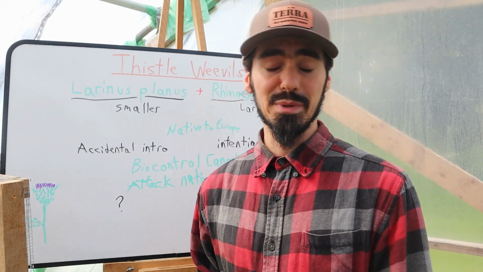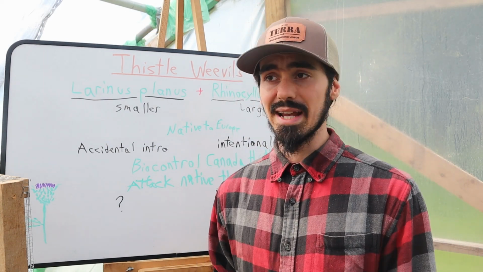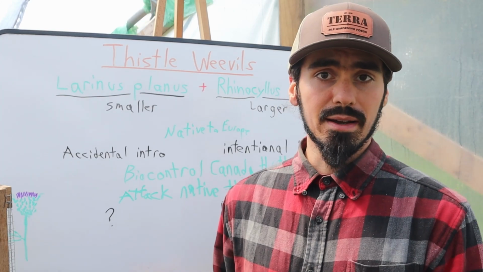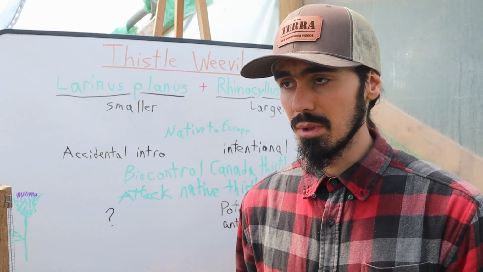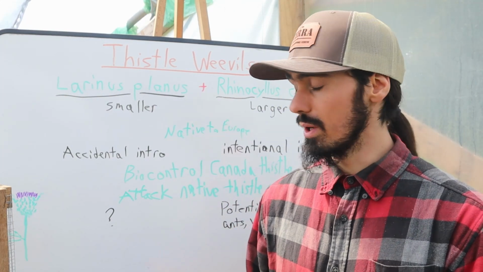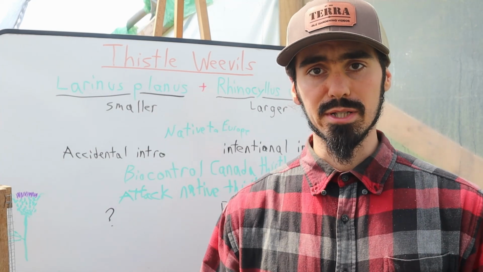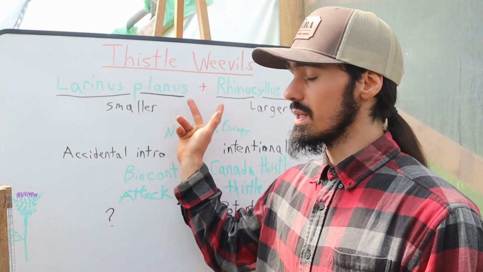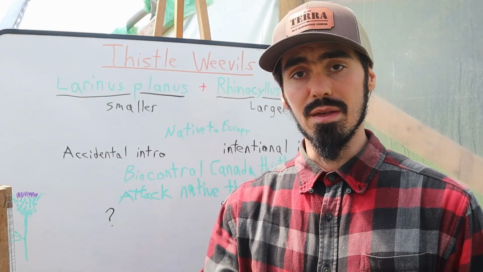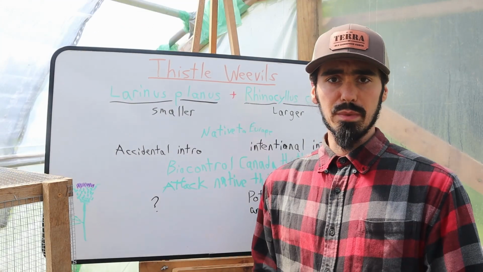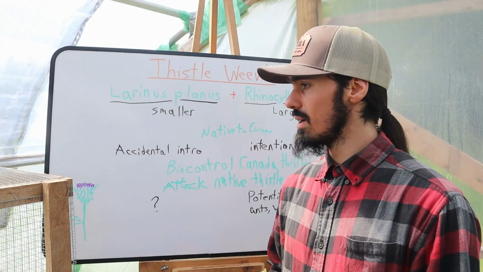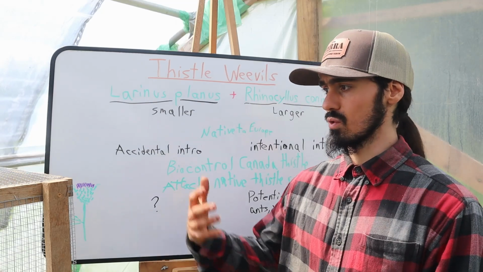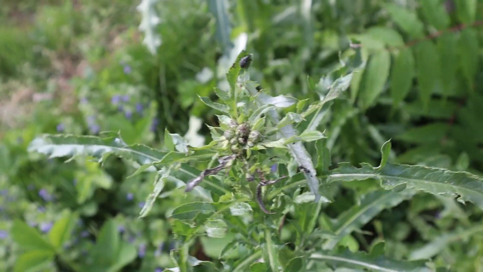So then we have the possibility that maybe there is a natural predator or parasitoid of these weevils in their native habitat in Europe, right? And that may work to control these weevil populations there. And so some people may think, well, in North America, would introducing some sort of parasitoid help to control these two species?